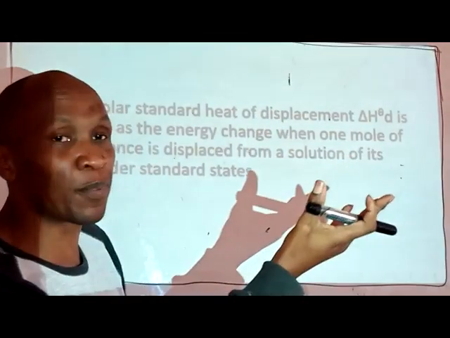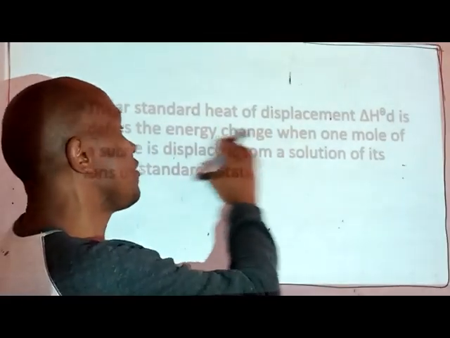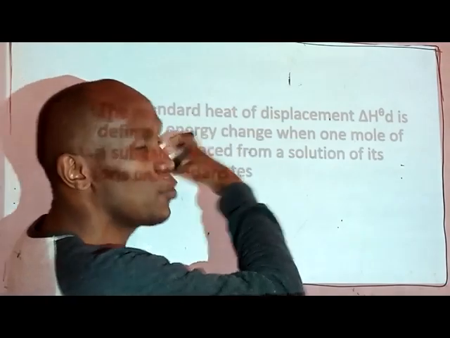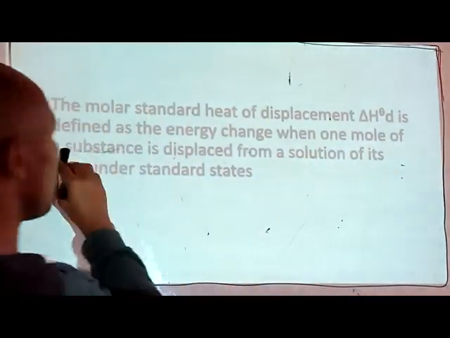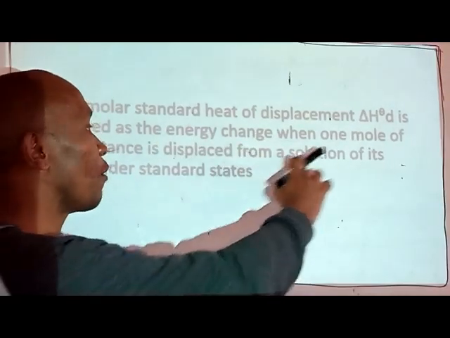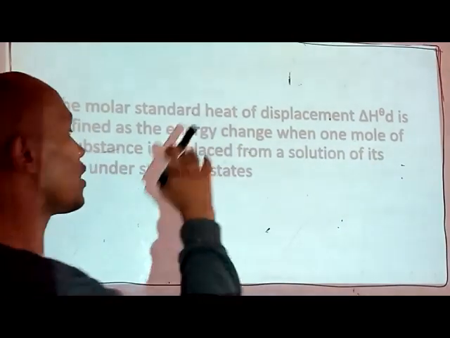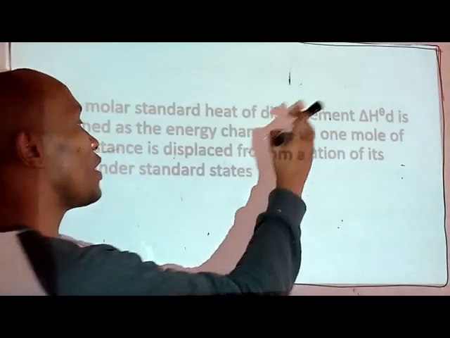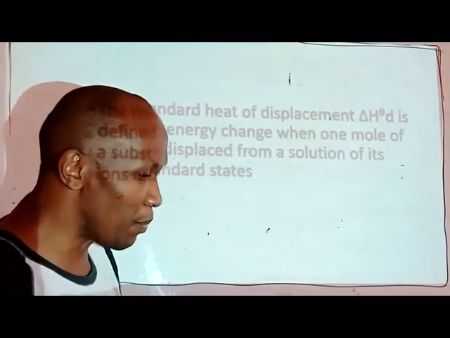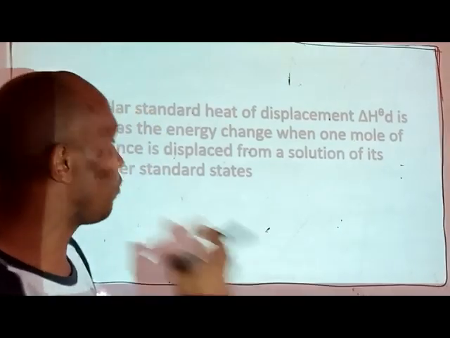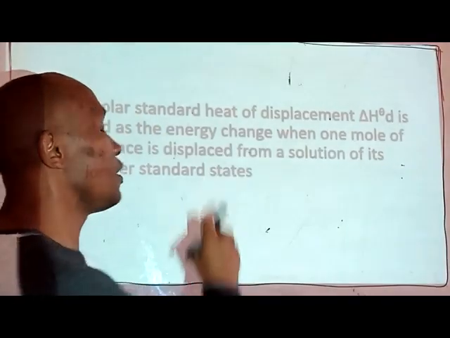So you can say energy produced. But to be on the safe side, because this one will apply to all reactions, it's energy change when 1 mole of a substance is displaced from a solution of its own ions under standard states, from a solution that contains its own ions. So we are replacing it from a compound, and then the state must be the standard.